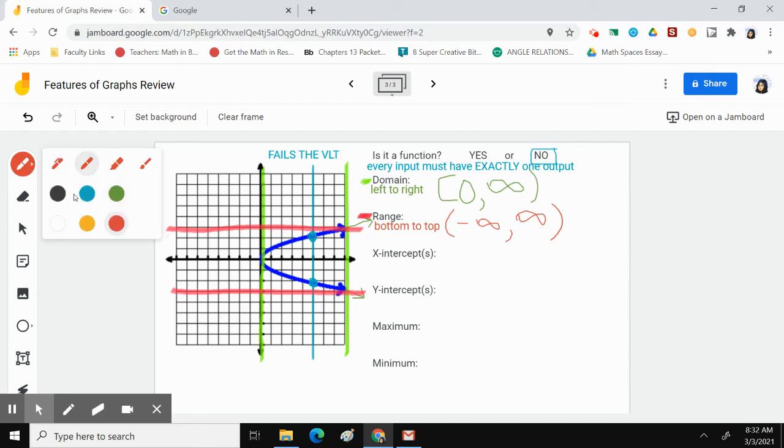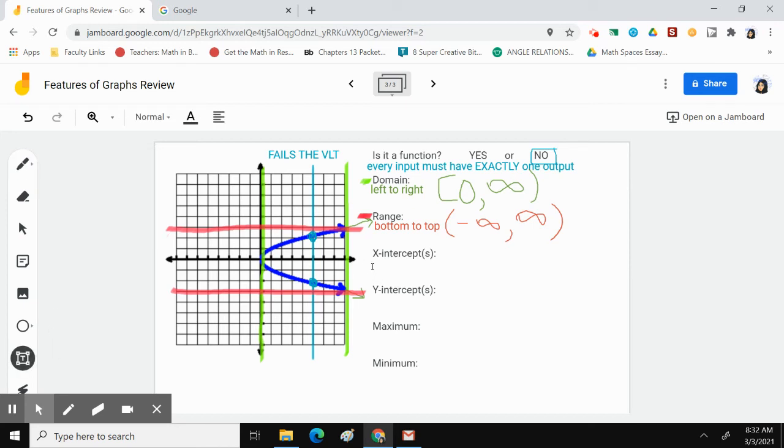Now let's look at our x-intercepts. So x-intercept is where the graph touches the x-axis. My graph touches the x-axis right here at 0, 0.